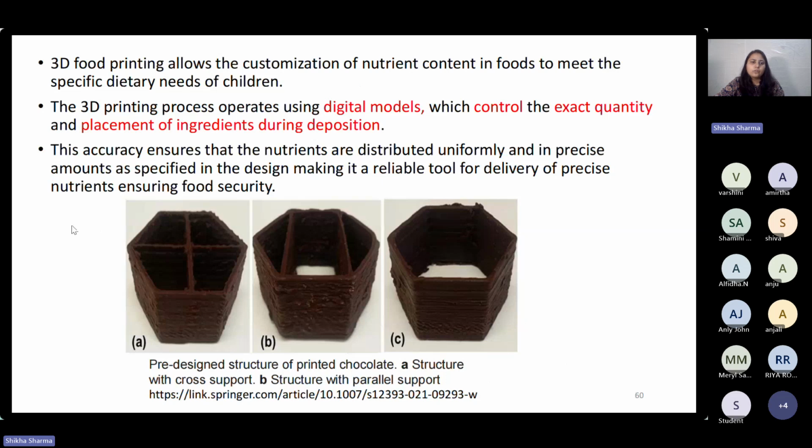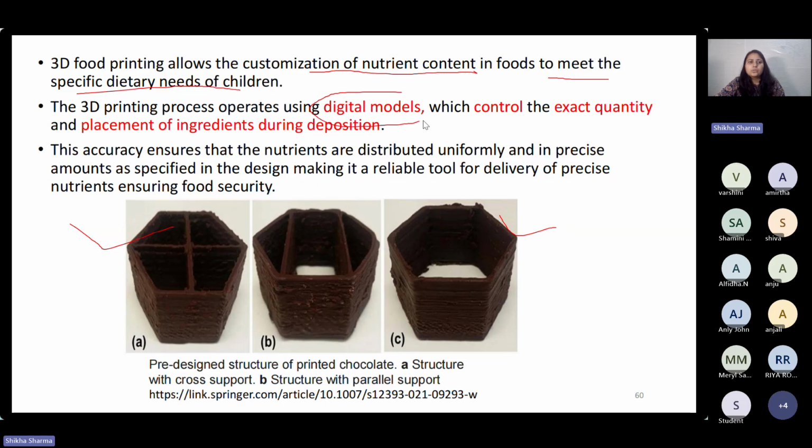This is an example, suppose this is a chocolate structure. We can provide different designs and it can make layer by layer deposition of the chocolate. So 3D food printing allows customization of the nutrient content in the food to meet the specific dietary needs of children.